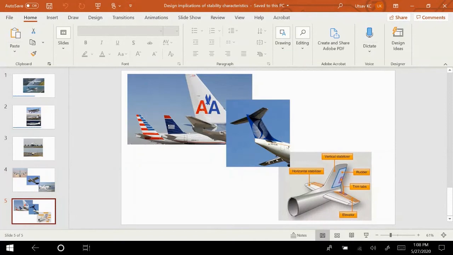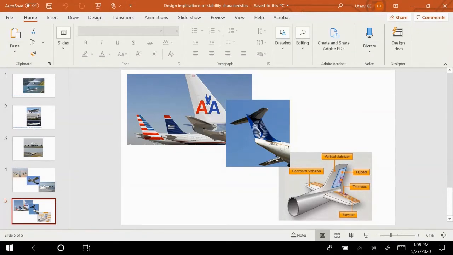So in this slide now, I'm only showing the tail section. And here also you can see some differences, right? So for example, in this figure in which we have three tail sections being shown, the horizontal fin is attached to the end of the fuselage.